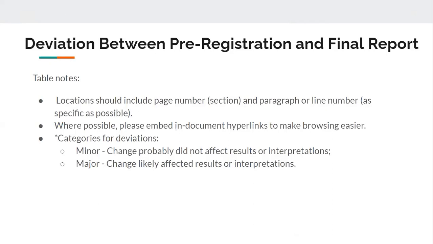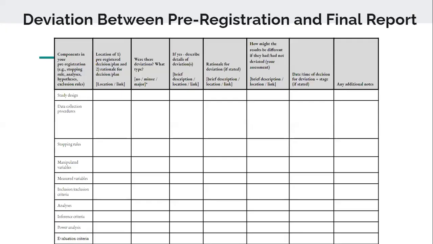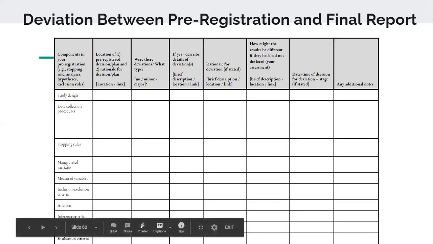Major means that the changes slightly affect the results or interpretation. So if there was a deviation, please describe the deviations and the rationale of the deviation. How might the results be different if there were a deviation or if there were not? Time or dates of the decision. These are the components.